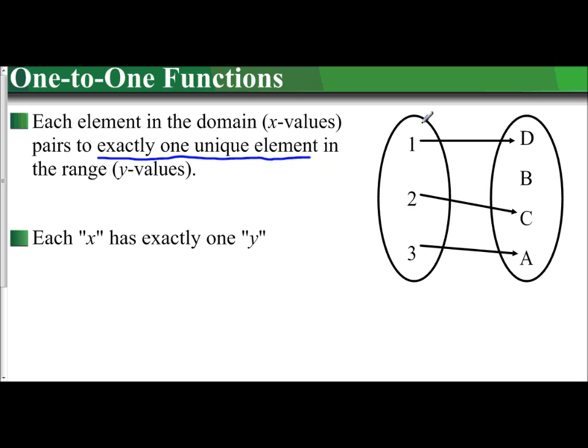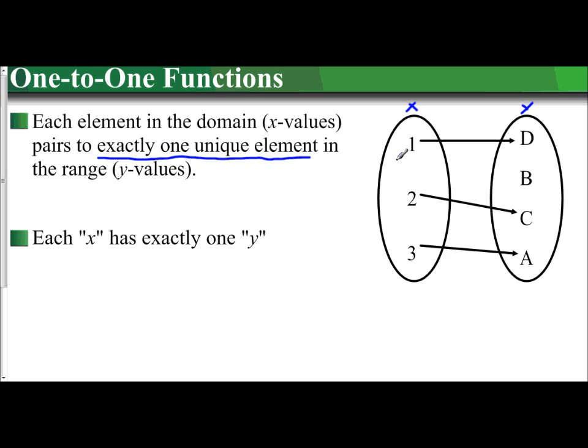So if you look at what this looks like as a mapping, these are my domain values, these are my range values. So these are my x, these are my y. This x value of 1 is paired with exactly one unique y value. The 2 is paired with exactly one unique y value, and the 3 is paired with exactly one unique y value. So each x has exactly one y.